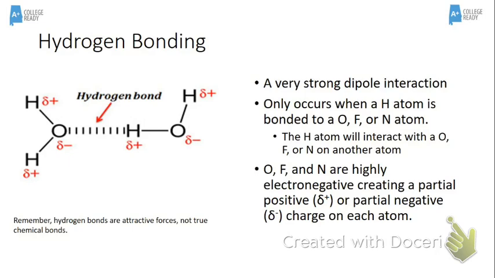And since that oxygen, fluorine, or nitrogen has now gotten that electron because it's now polar, it has an overall partial negative charge on it. So again, hydrogen bonds are attractive forces, not real bonds.